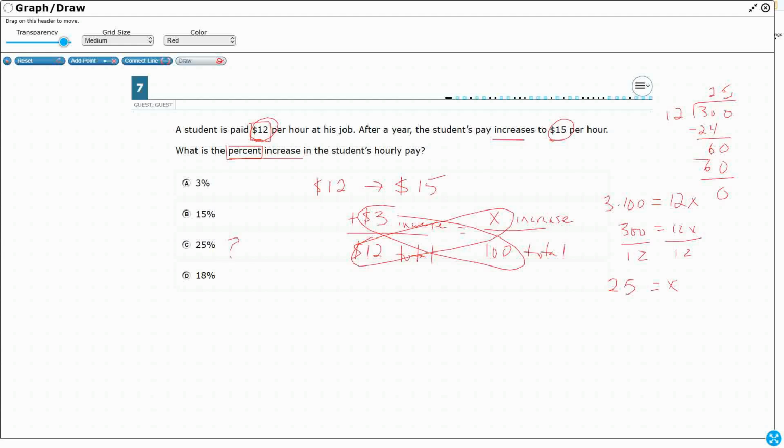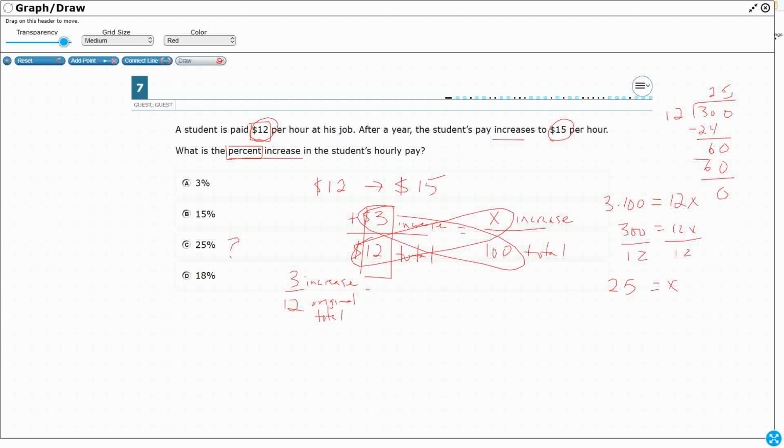Now, are there other ways we could solve this? Well, yes, we could just look at what we had right here. We had 3 over 12. So that's the amount increase over the original total. So the amount increase over the original, not the new total.